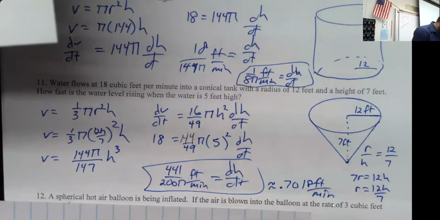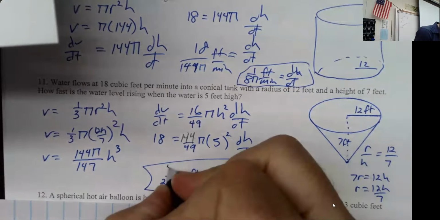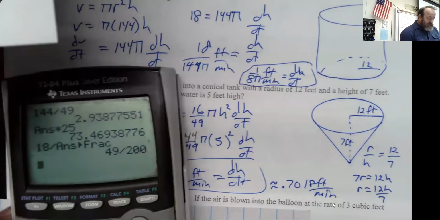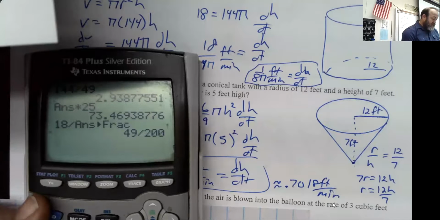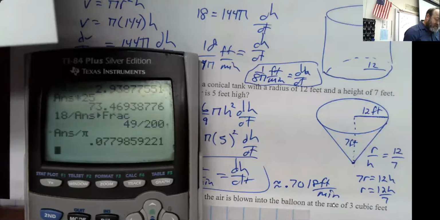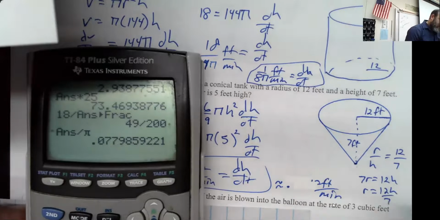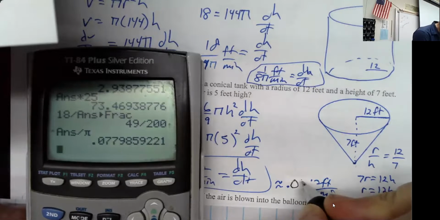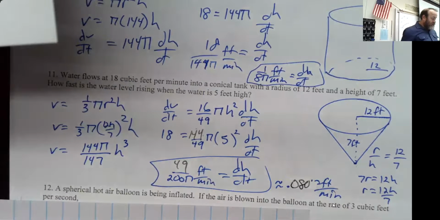So this would be 49 over 200 pi, and that would be my value, which again would be this divided by pi, or 0.076 I guess is what I'm going to call that, feet per minute, and we're done.